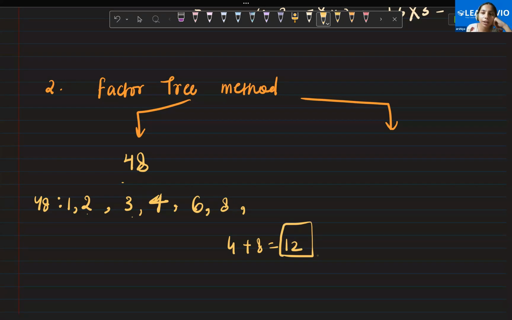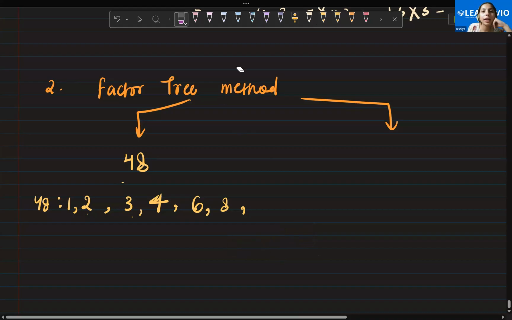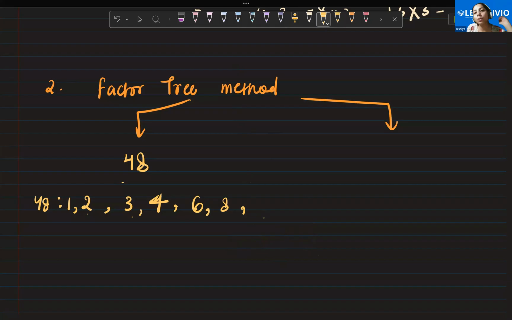Is 12 in the table of 9? No. So it won't be in the table of 9, okay? It's not in the 9's table. Now it's not in the 10's table, it's not in 11's table, but I know that 12 times 4 is 48. Okay, I'm going to stop here.